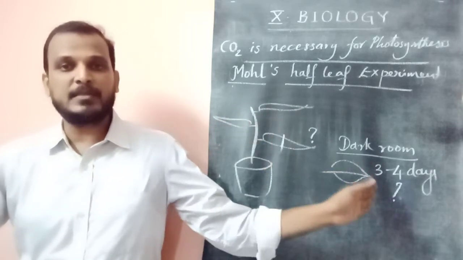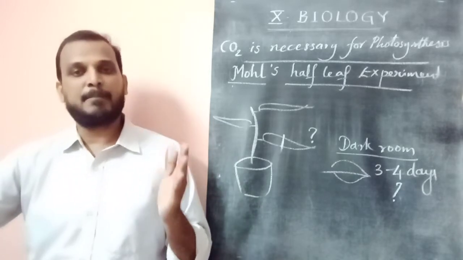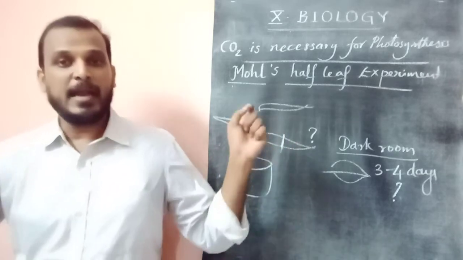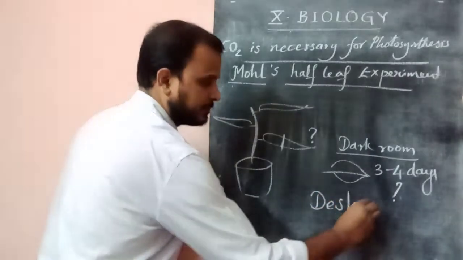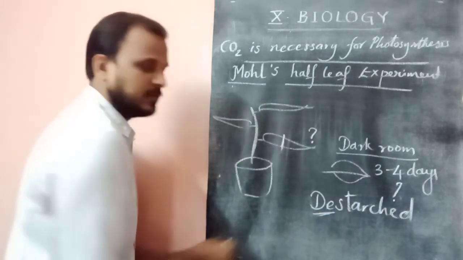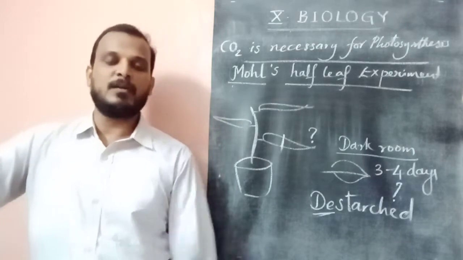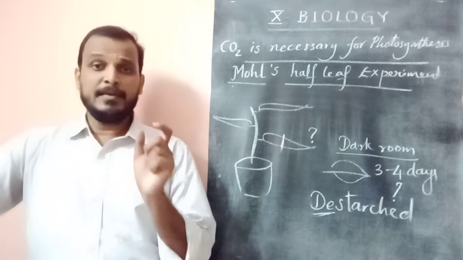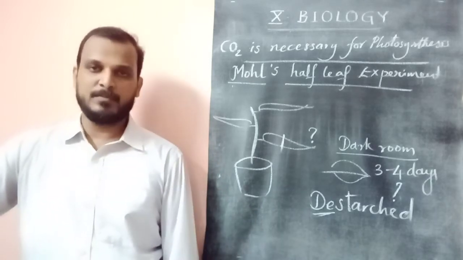But if we keep it in a dark room for 3 to 4 days, the plant or leaf becomes without reserve food called starch, and such a plant is called a de-starched plant. If you add 'de' in front of a word, it means removal, without. Active, deactive. Hydration, taking water; dehydration, removal of water.